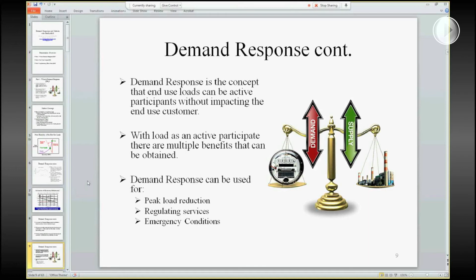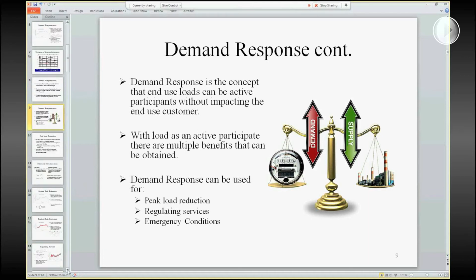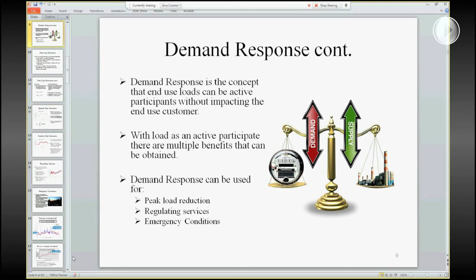And then really what we want to try to look at is how to make these devices participate in multiple ways. If you're looking at direct load control just for, say, emergency conditions, while that provides a lot of value at the system level, it may not provide enough dollar value to justify the cost of the outlay.